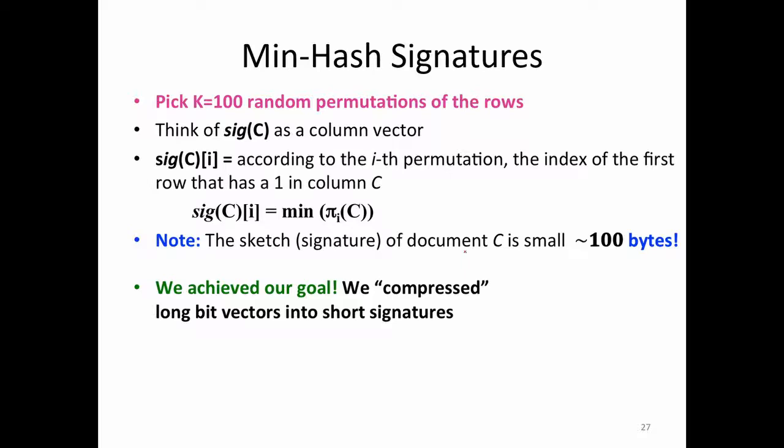So let's say you take 100 such min hash signatures, and each signature you represent by 4 bytes or something like this. Then you have basically 400 bytes, right?